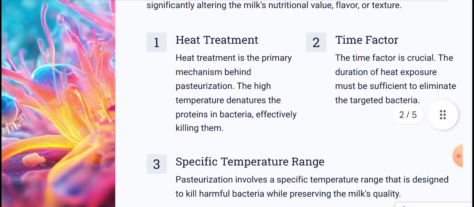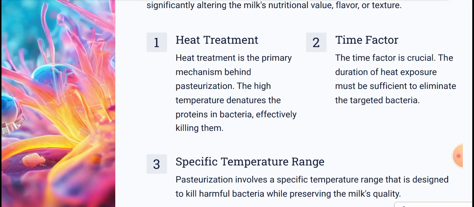So heat treatment is the primary mechanism. The principle behind pasteurization is heat treatment, and the higher temperature denatures essential proteins in bacteria, which leads to a decrease in bacterial population.